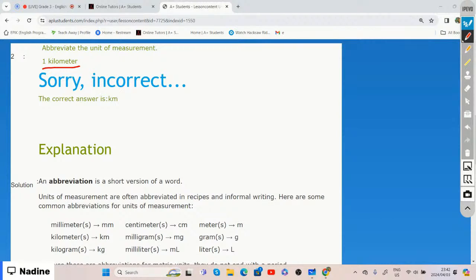All right. And if we abbreviate kilometers, then kilometers is km.